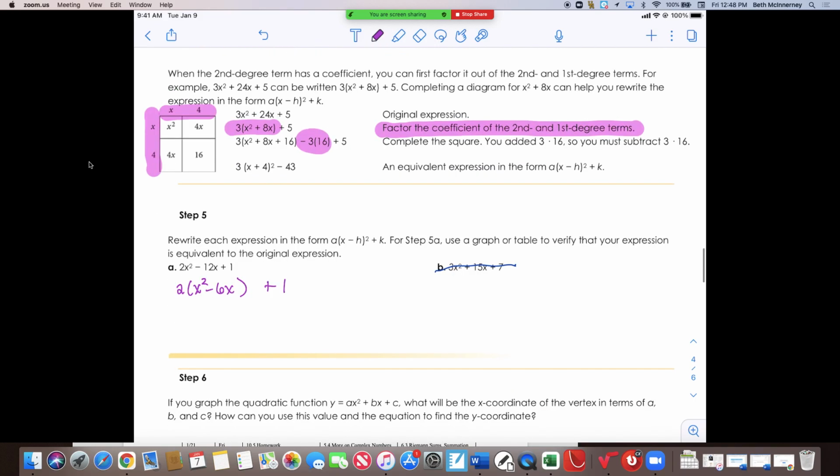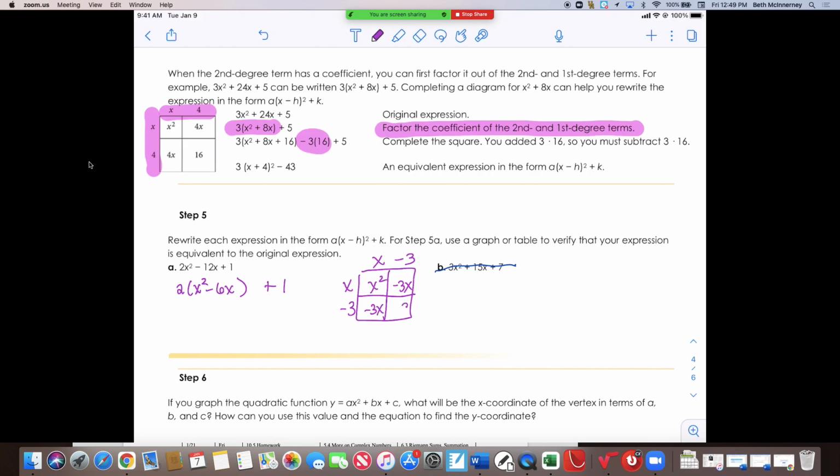All right, now, if it helps, make your box. I would have an x and an x. And what do the other 2 numbers need to be that would add up to negative 6? Negative 3 and negative 3, right? Because they add up to the negative 6. So that gives me the x squared, negative 3x, negative 3x, and what goes in the bottom?